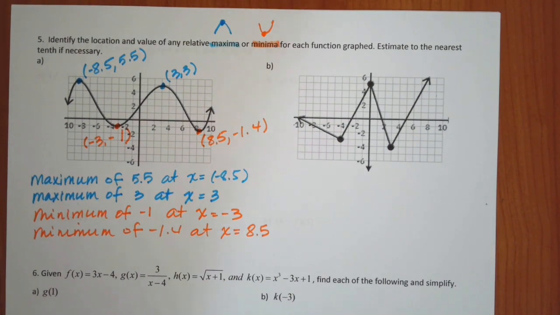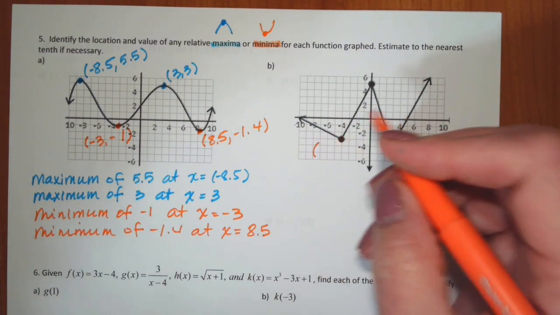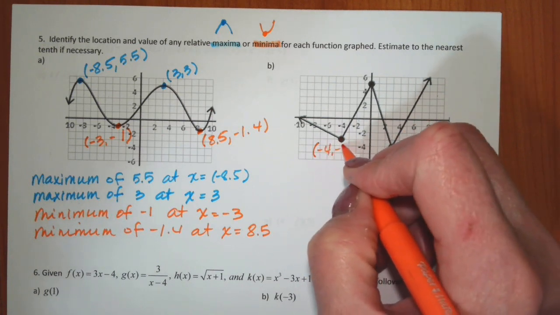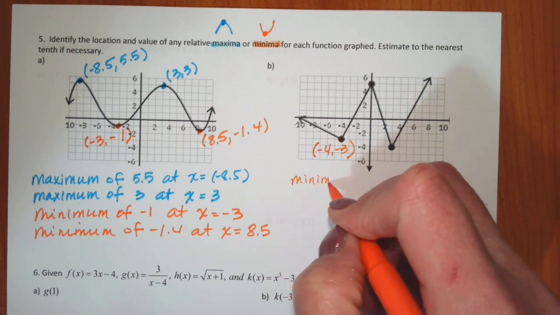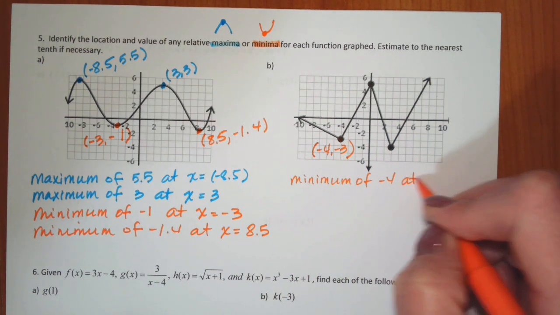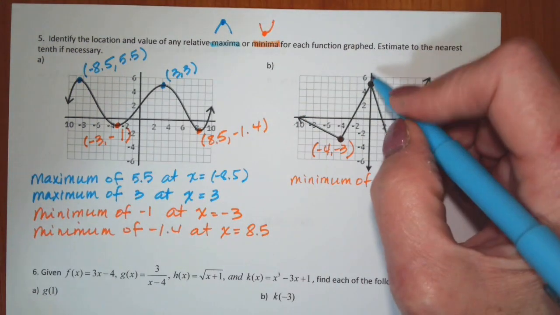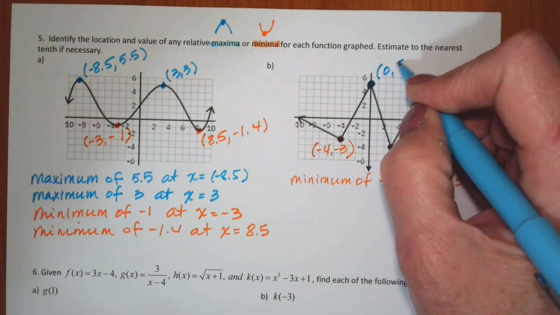Okay, same thing over here. All right, so let's see what I've got here. I'm just going to do these from left to right. All right, so here we have a minimum at negative 3, negative 4. So I have a minimum of negative 4 at x equals negative 3. I have a maximum 0, 5.